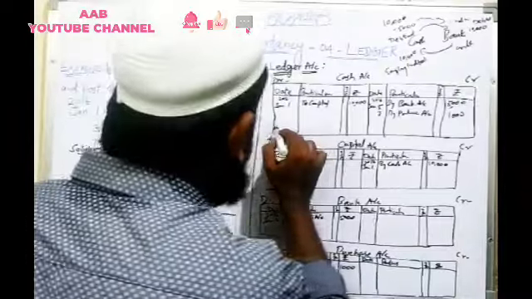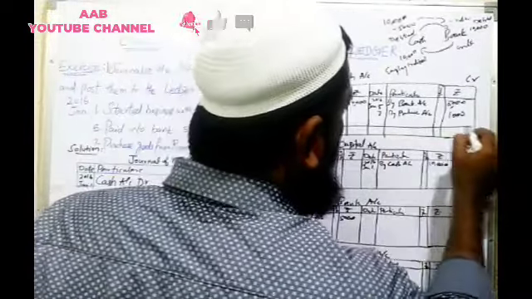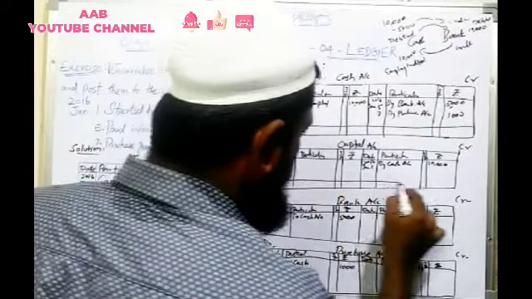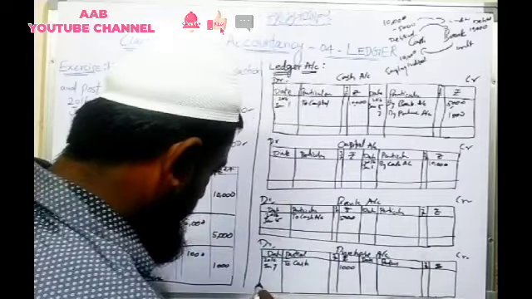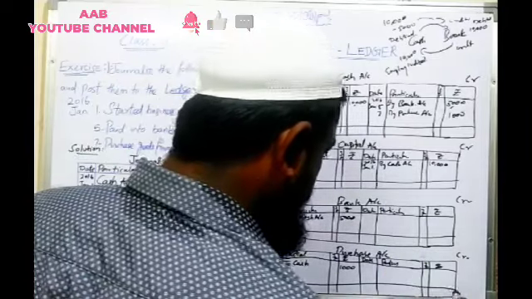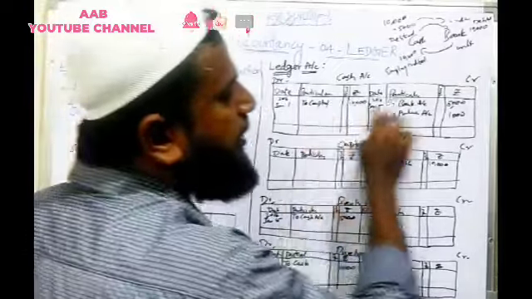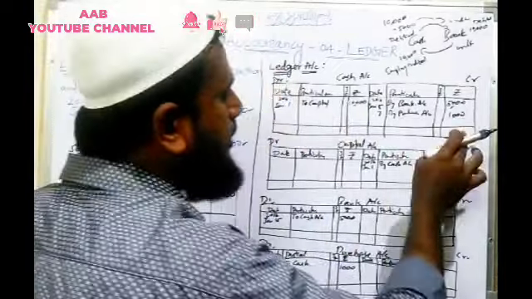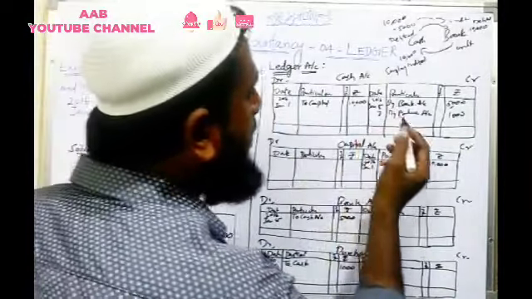Then next we have to close. Since there are no other entries, we have to close the accounts. First of all, on the debit side and credit side, which column has the higher value?